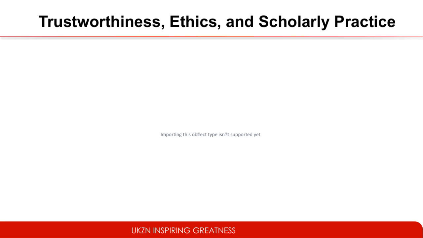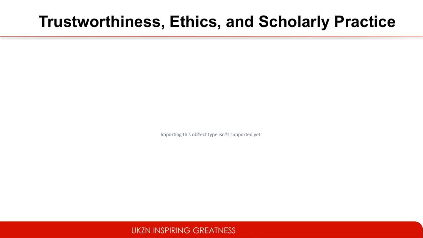Ethical considerations run throughout every stage of qualitative research. These include securing informed consent, protecting confidentiality and anonymity, minimizing any potential harm, and obtaining ethical clearance from institutional review boards. For postgraduate students, adhering to these ethical principles and trustworthiness criteria isn't just ticking boxes, it's a scholarly responsibility.